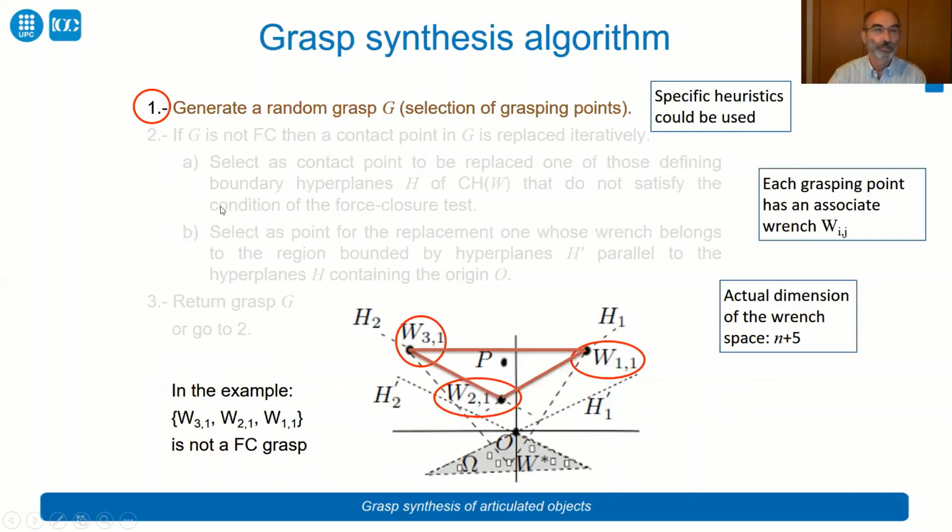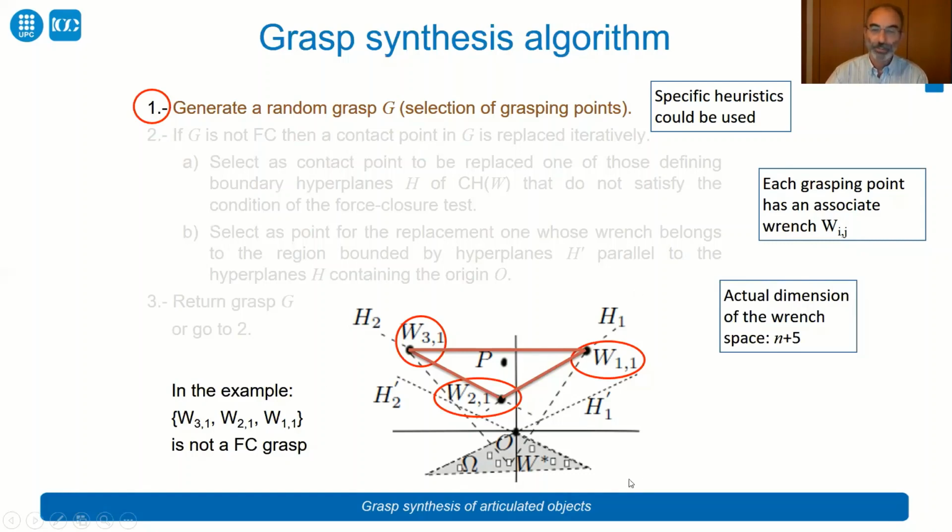So the first thing to be done is to generate a random grasp, which is a selection of grasping points. And for this, we can use specific heuristics if we want to optimize this first selection in some way, but it's not strictly necessary. So each of the selected points will have an associated range in the generalized range space, which has an actual dimension of n plus 5.